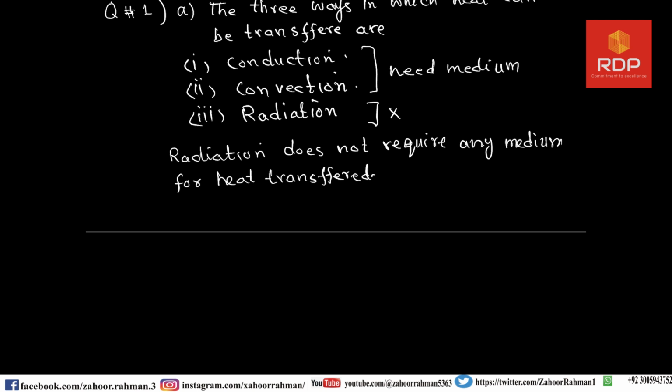So it means that if it is passing through space, it doesn't require any material medium, and that is the answer. The second part is saying: describe the experiment to distinguish between good and bad conductors of heat.